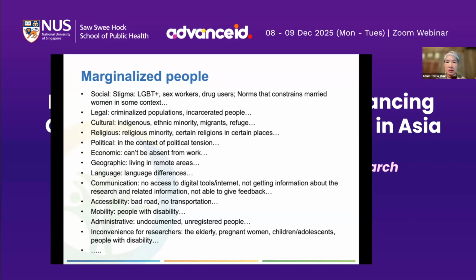So that's a norm that constrains. There are legal aspects that marginalize people. There's culture, language, religion, political, economic, communication, language, accessibility, mobility, administrative factors.